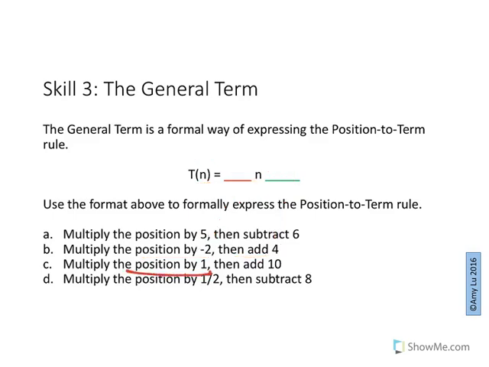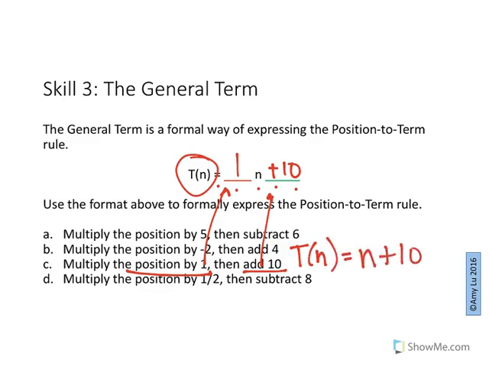C, multiply the position by 1, then add 10. 1 goes here, add 10. So the way we say it is the term is equal to 1 times n plus 10. Another way you can express this is that the term, or T of n, is equal to just n plus 10, because 1 times anything is itself.